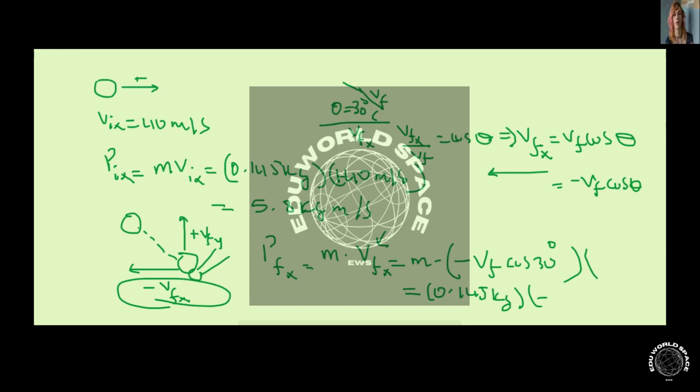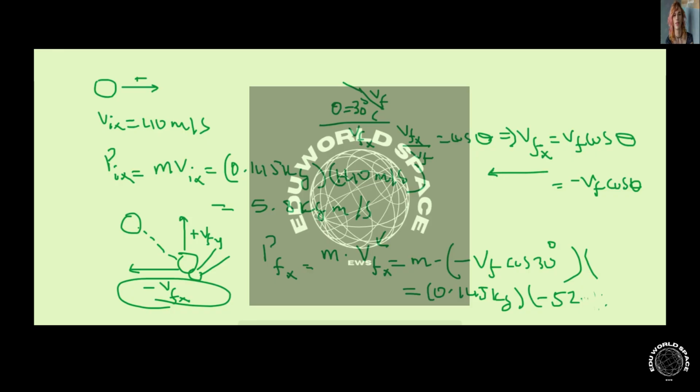So remember, there's a negative 52 meters per second times cosine of 30, or we can see the whole thing as a unit. So we're going to have meters per second at the end.